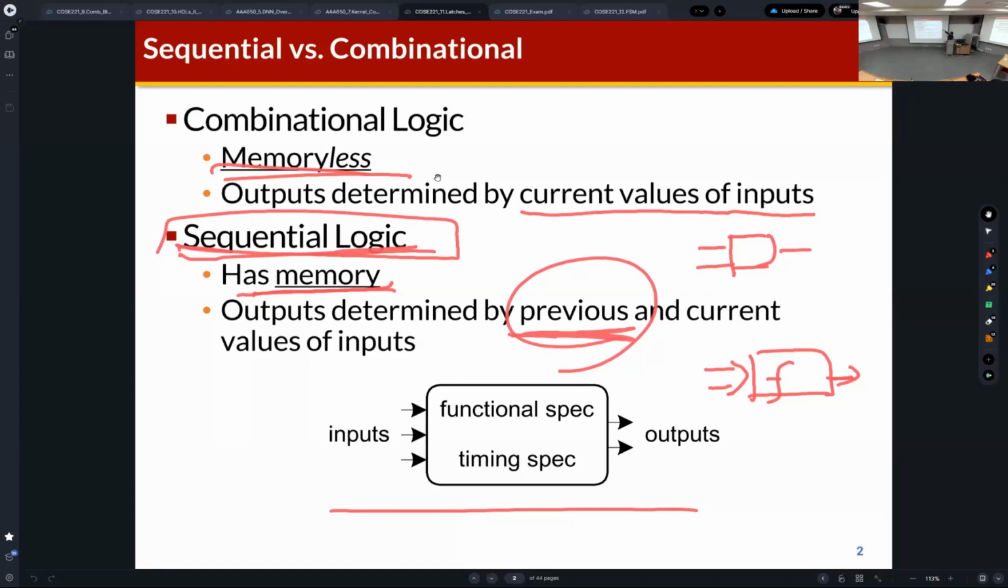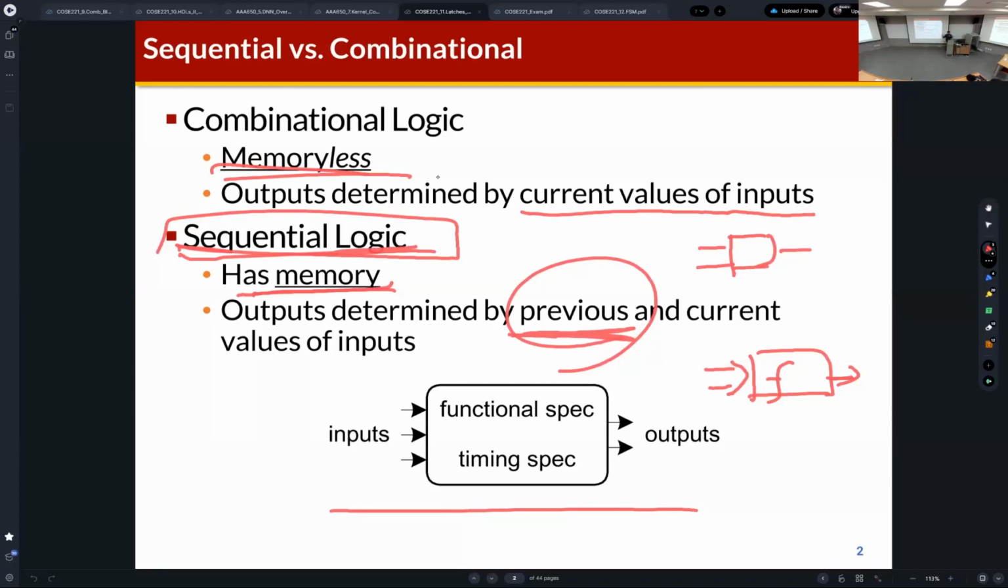In the combinational logic, the outputs are determined only by the current input signals. But you need to understand that sequential logic has memory, which means that the previous states or previous input values can be stored.